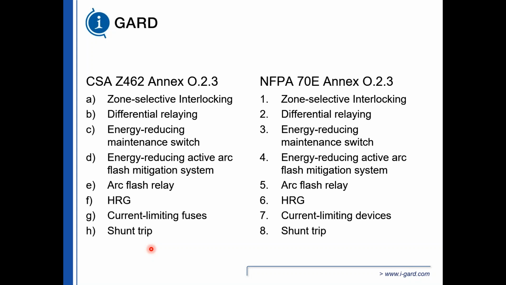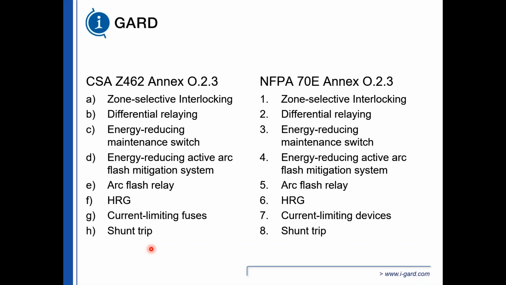Obviously, if you have a properly coordinated system, the protective device closest to the fault will operate, clearing the fault. That means any device further away, or closer to the source, has an intentional time delay in it to allow the protective device closest to the fault to operate.